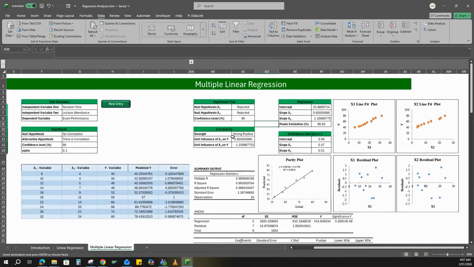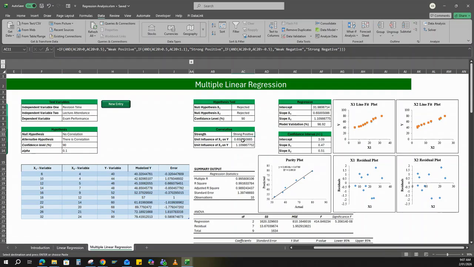Now looking at the correlation, it explains the nature of the relationship between these variables. The result says strong positive. What does that mean? It is strong because the multiple R value, the correlation coefficient, is almost 1, 0.99. That is why it is a strong relationship.